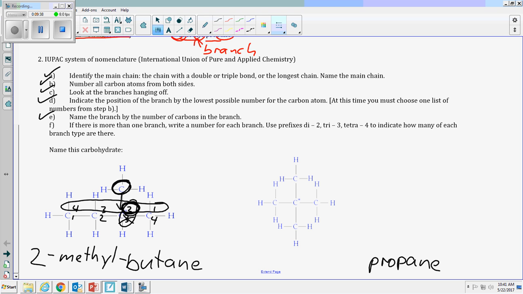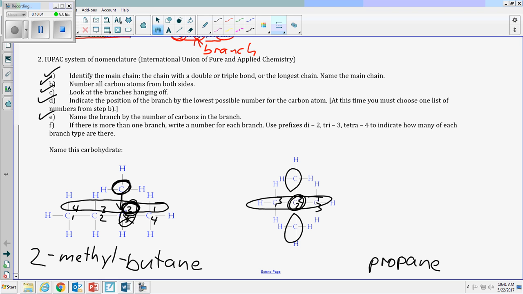Now in this case, if we take the one across as our main chain, we have carbon 1, 2, 3. The branch here is at the middle carbon, so even if I count 1, 2, 3 from the other direction, it's always going to be at carbon 2. We have 2 branches of this: a 1-carbon branch up and a 1-carbon branch down.